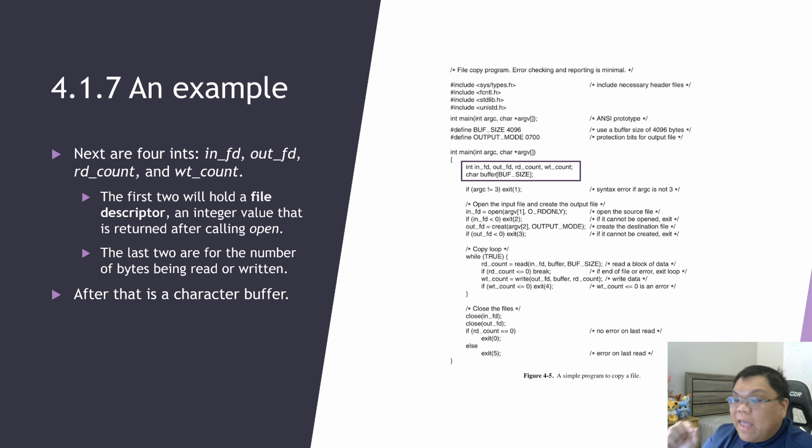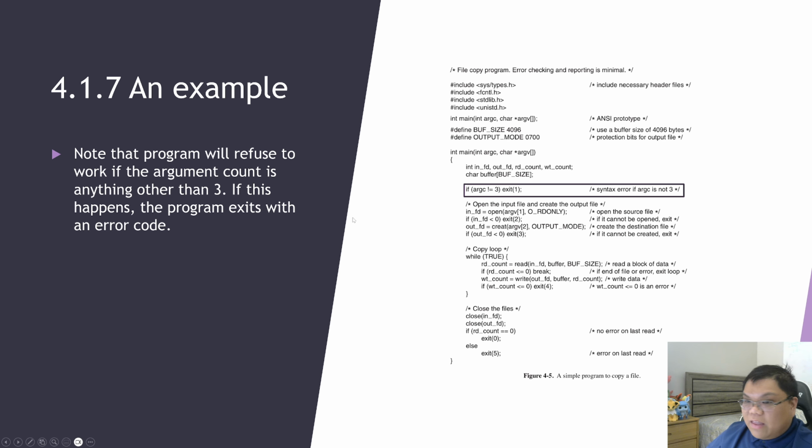Those specify how many bytes were read from the source file and how many bytes were written to the destination file. Also note that this program is meant to run with argc equals 3. If that's not the case, then it's going to exit with an error code.